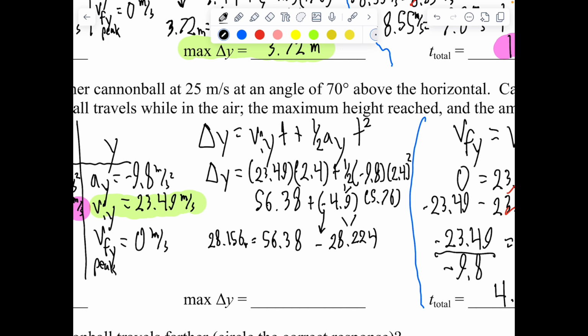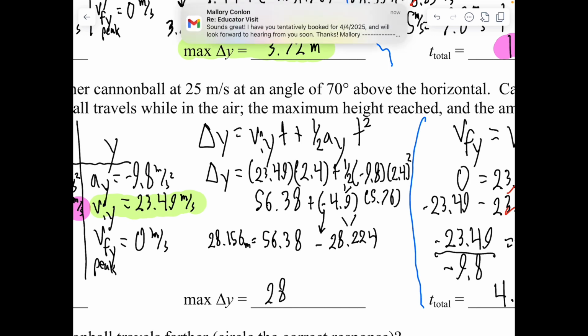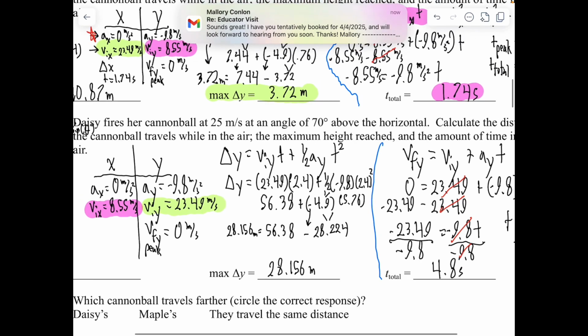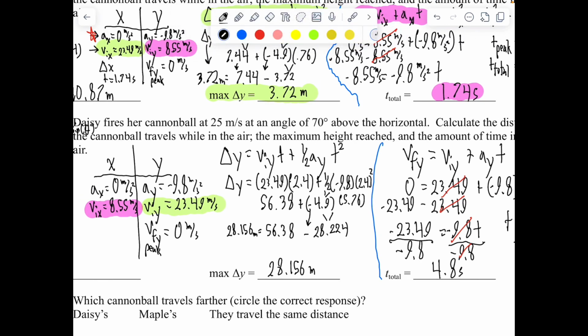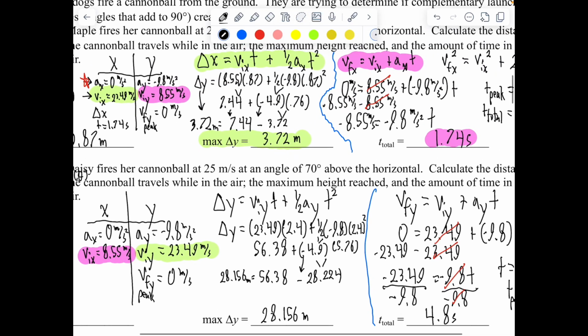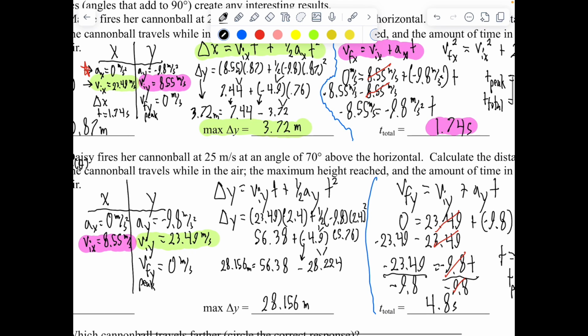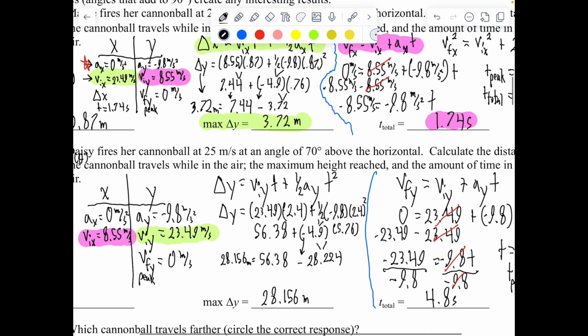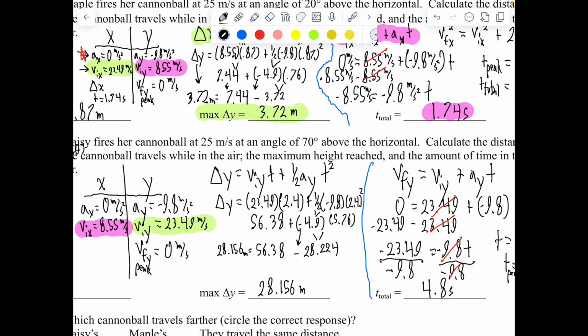Of course, our units there are meters, since we're measuring a displacement. That's our maximum delta y, 28.156 meters. Again, does this make sense? Well, we launched it at a much steeper angle, so that means it was going way faster vertically. It is going to go way higher than it did before.